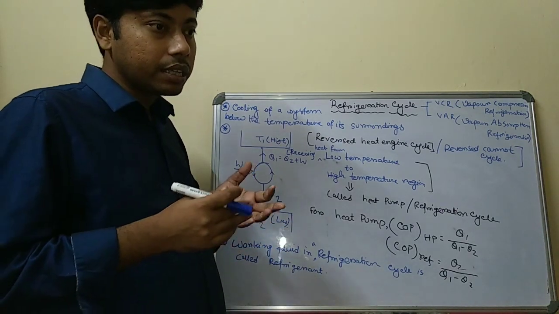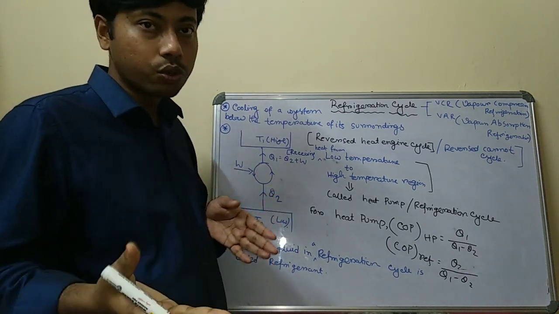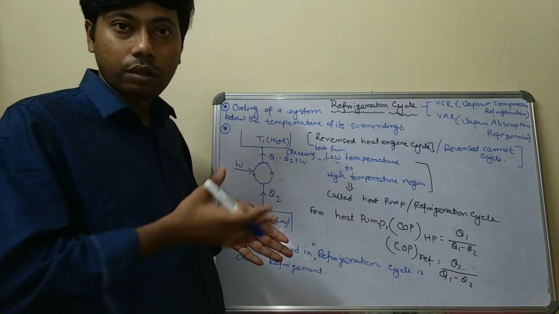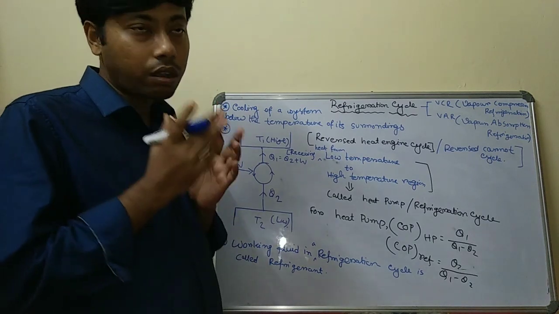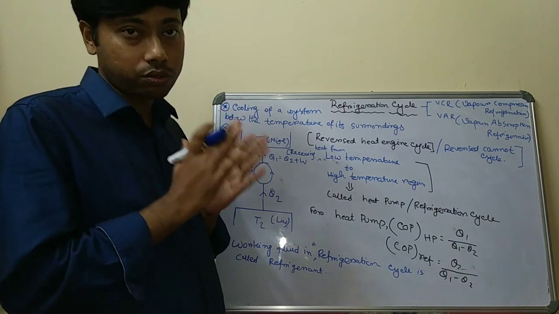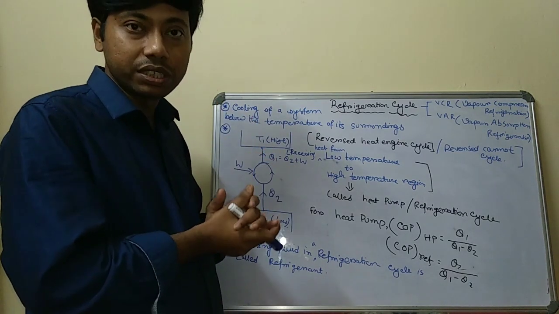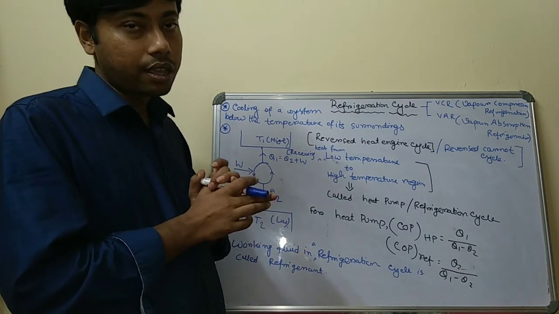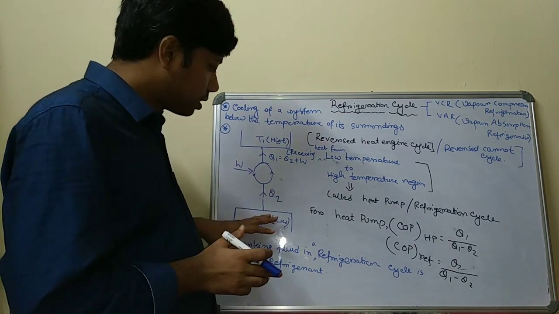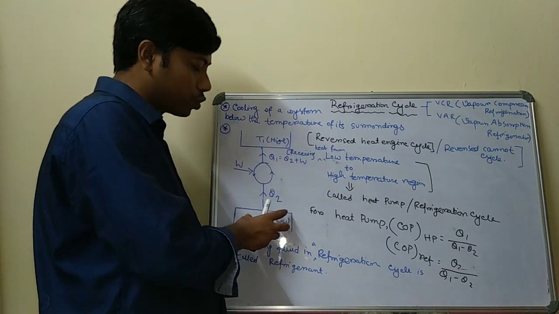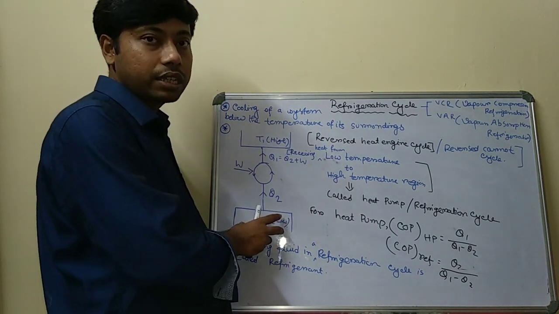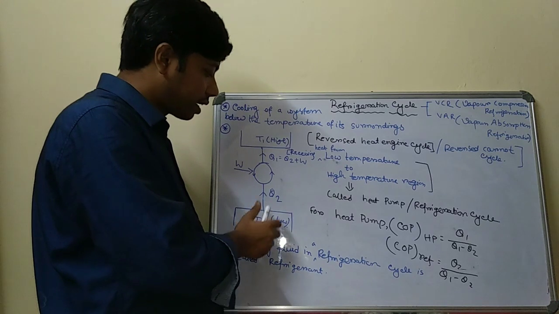So obviously the temperature of the surrounding is more compared to the temperature of the system. These two things should be maintained in case of a refrigerator or refrigeration cycle. This is the main principle, so this is the place where the temperature should be kept minimum so that the refrigeration cycle is maintained.